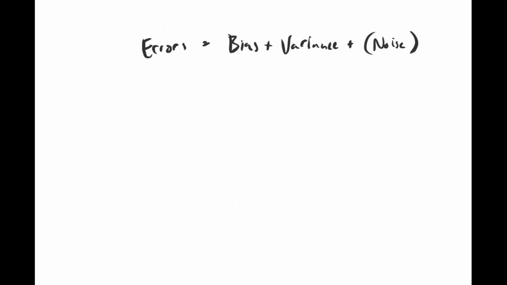One of the most crucial concepts that we talked about are the components of our error term, which is equal to bias plus variance plus noise, but we don't really talk about that.